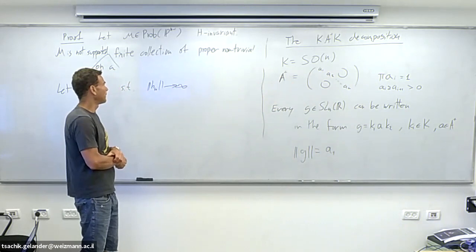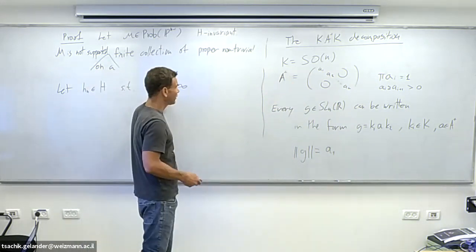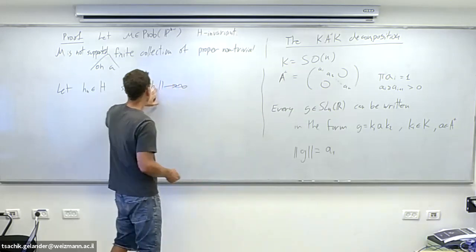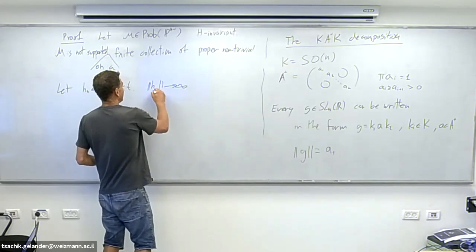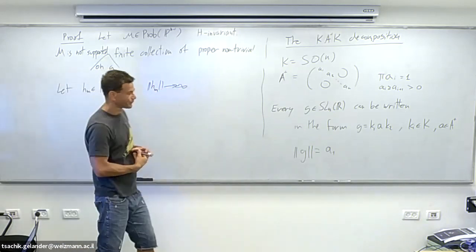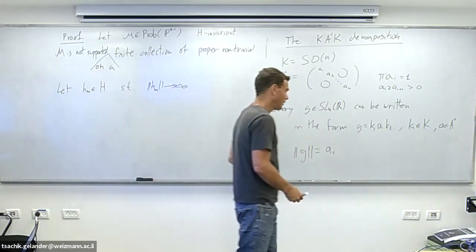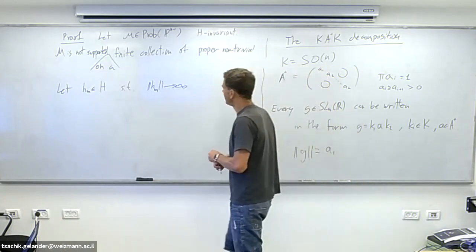because K acts by isometries. So you see that H_n goes to infinity. What does it mean?